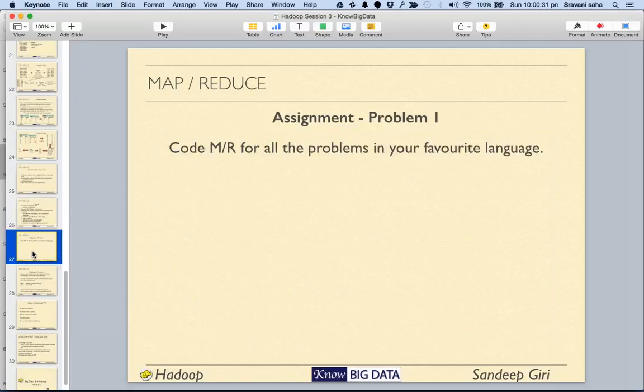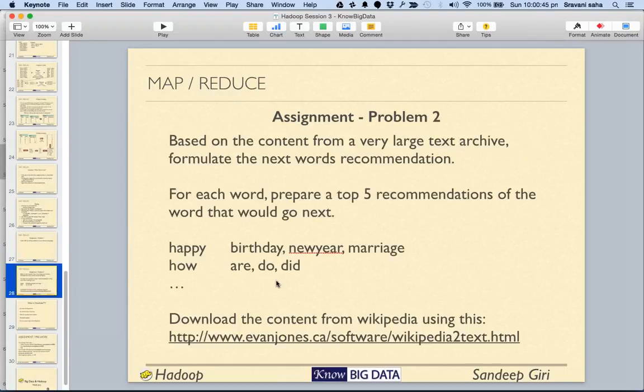All right, so now here is our first assignment. What I have already told you, code your MR problems in any favorite language, whether English or any other programming language. The second problem for today is, based on the content from a large text archive, formulate the next word recommendation.